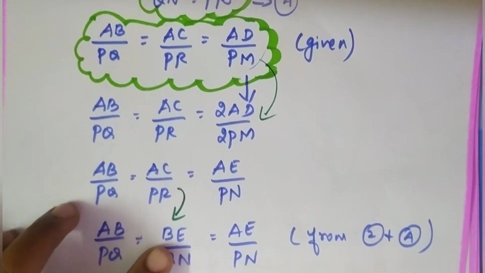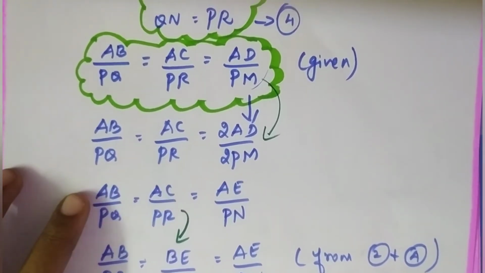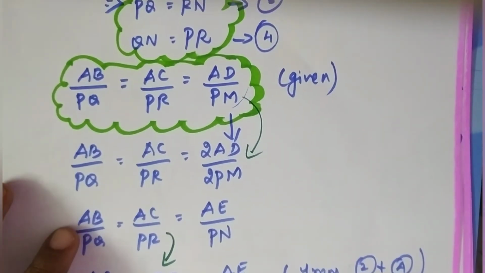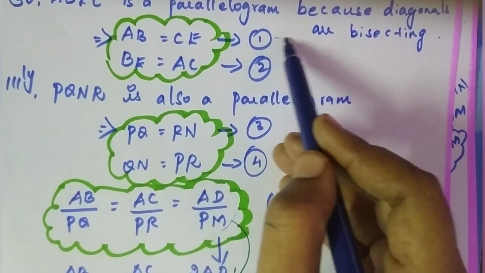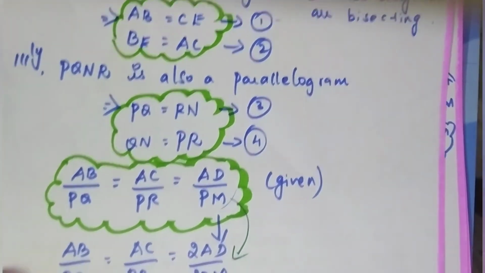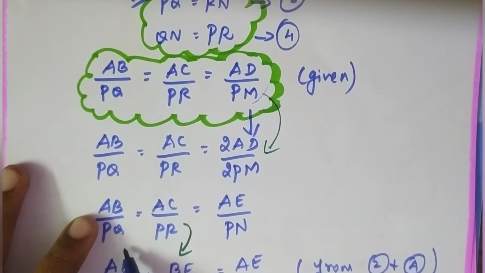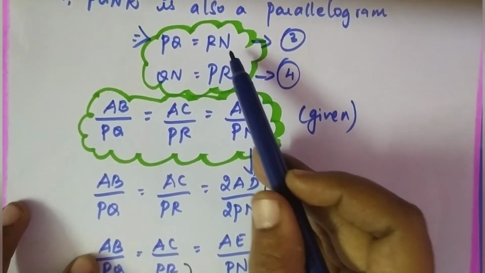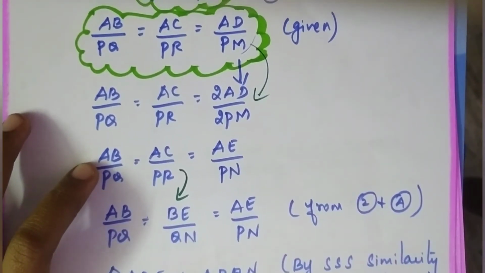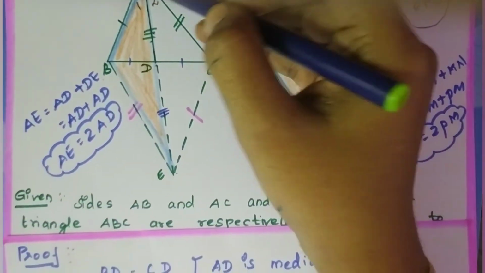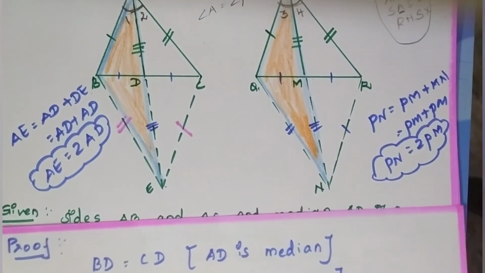Instead of this, if I change AB to CE, and instead of PQ, if I change RN, we can tell that the triangle ACE and PRN is similar.